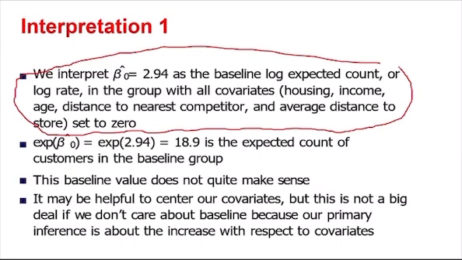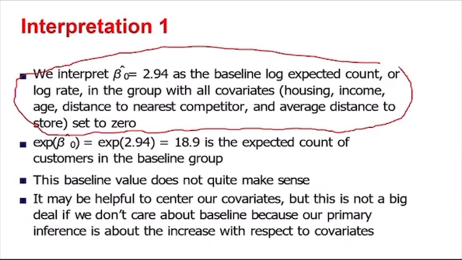If you want to remove the log, please pay attention. Whether I'm dealing with a logit, which is a log of odds ratio, or I'm dealing with this one, they involve a log.